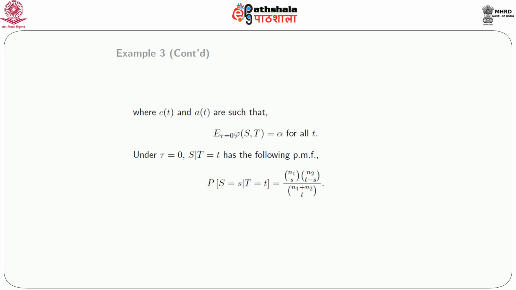Under tau equal to 0, s given t equal to small t has the following PMF: probability s equal to s given t equal to (n1 choose s)(n2 choose t minus s) by (n1 plus n2 choose t). This is the form of a hypergeometric distribution.